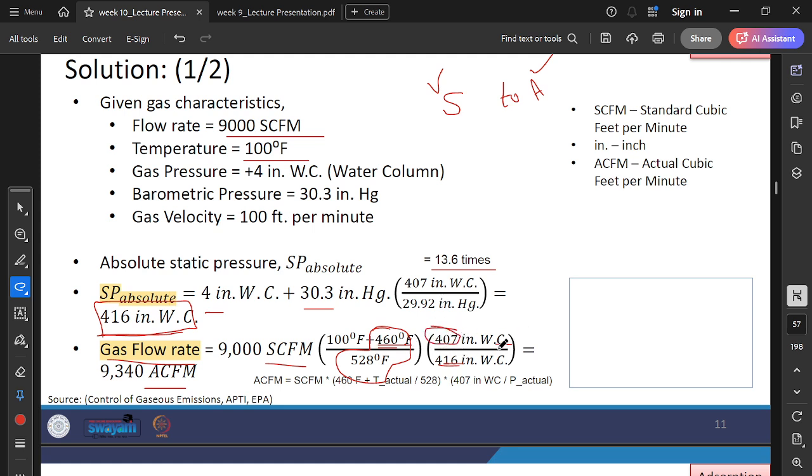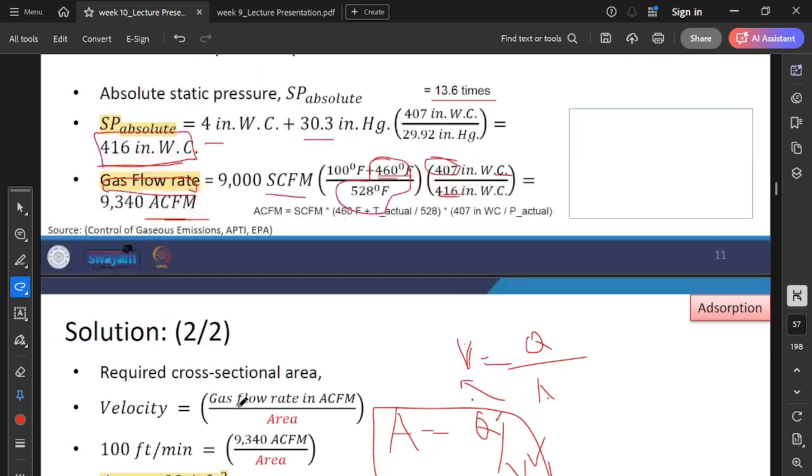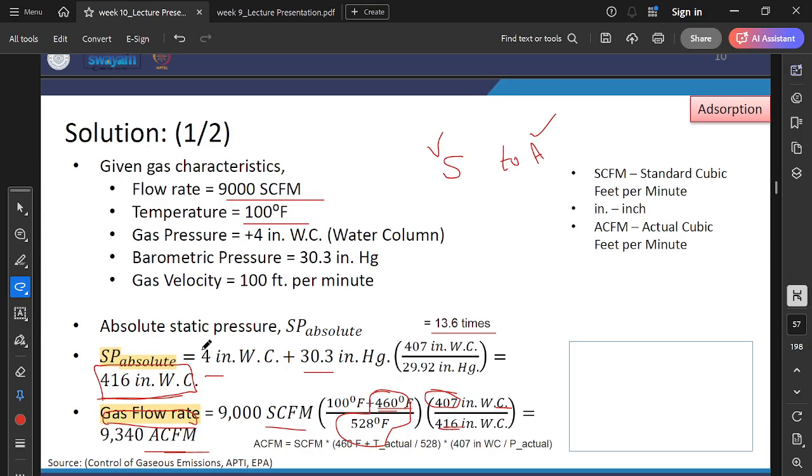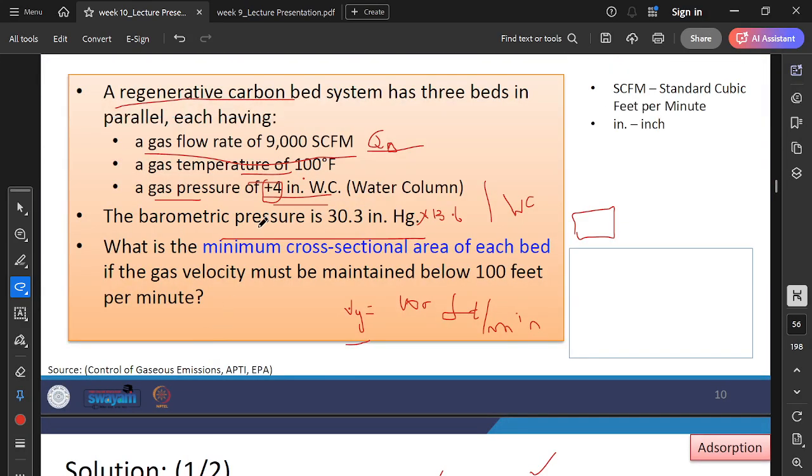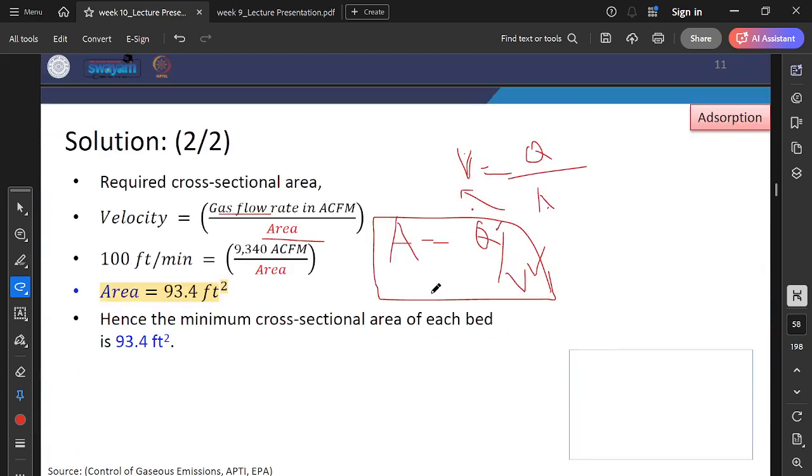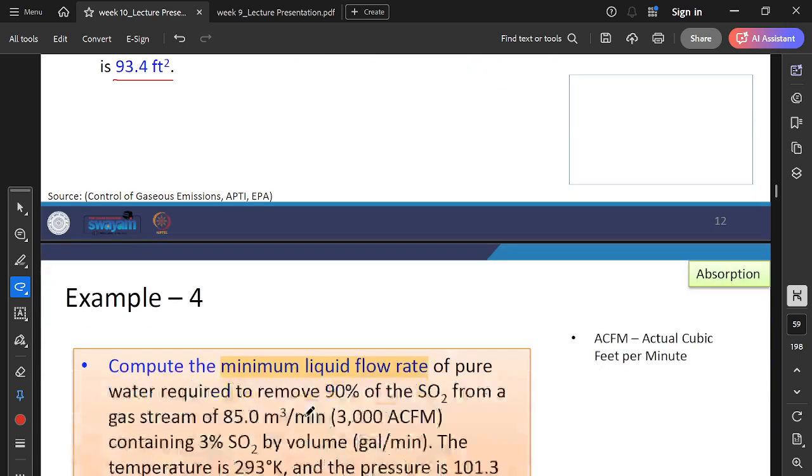So you will get the actual gas flow rate. So actual gas flow rate by velocity, which is given in the question, 100 feet per minute. If I divide by 100, I'll get 93.4 feet square. So that's my actual minimum cross-sectional area.